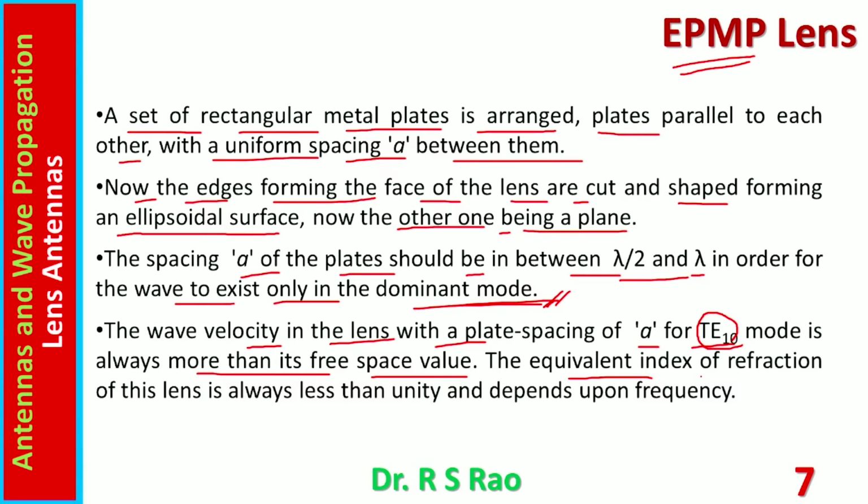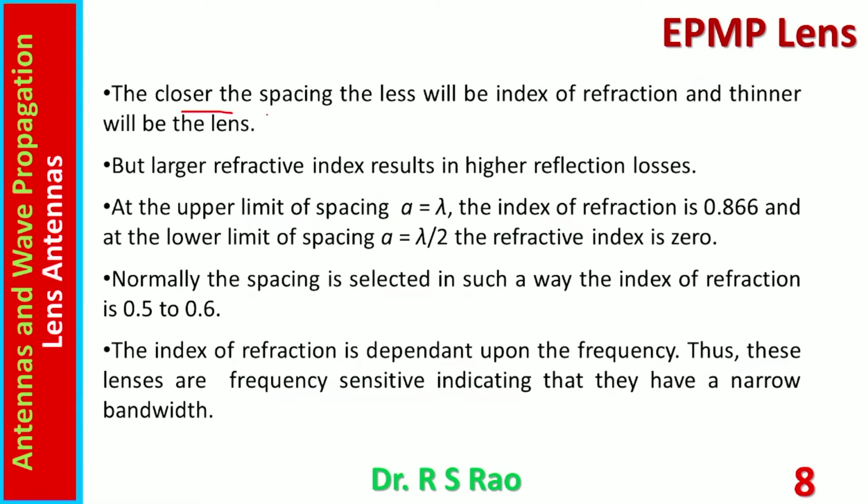The equivalent index of refraction of this lens is always less than unity and depends upon frequency. The closer the spacing, the less will be the index of refraction and thinner will be the lens. But a larger refractive index results in higher reflection losses.